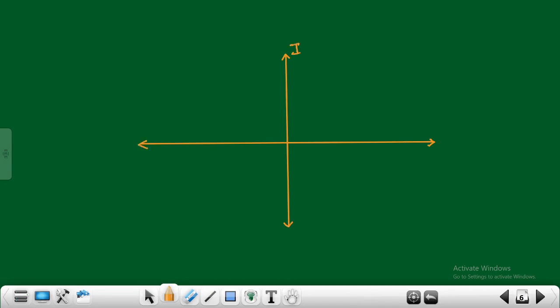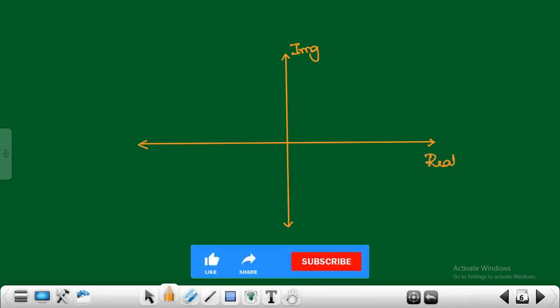This is the imaginary axis and this is the real axis, with the minus imaginary and the minus real parts.